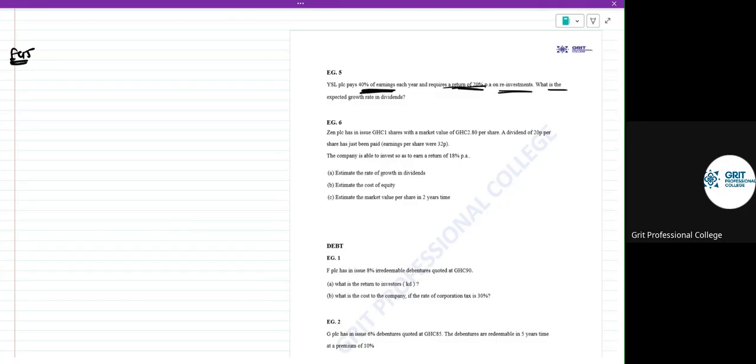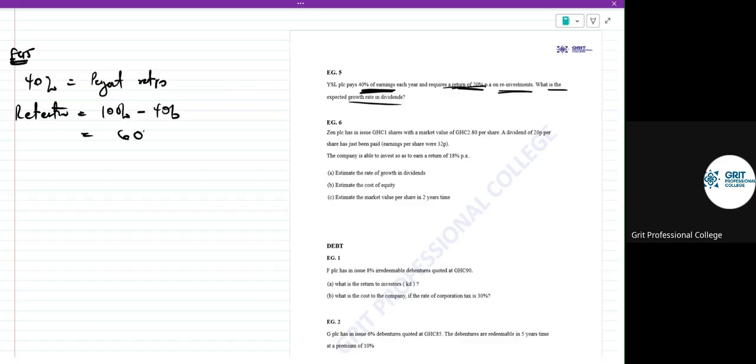What is the expected growth rate in their dividend? Now, the 40% is what we call their dividend payout percentage, or the dividend payout ratio. Now, when we want the retention ratio, it will be 100% or 1 minus what? The payout ratio. So that will be what? The remaining 60%.